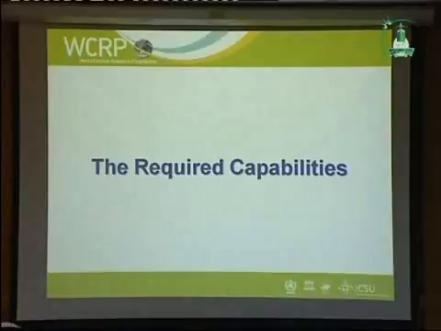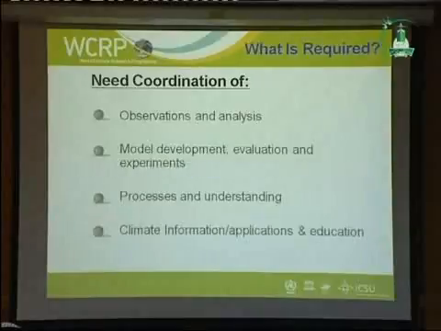So these are the requirements that we have identified for the research that WCRP is facilitating. Observations, as I said, are absolutely essential, the first and most important pillar in our efforts. Computer models allow us to extend the observations from the past and present to say something about the future.